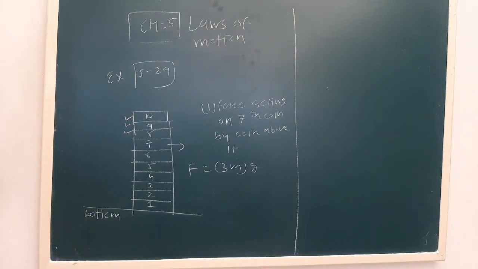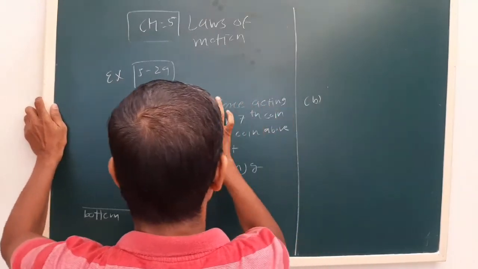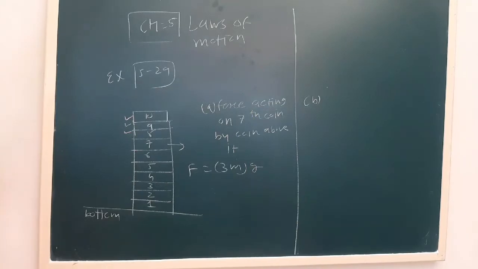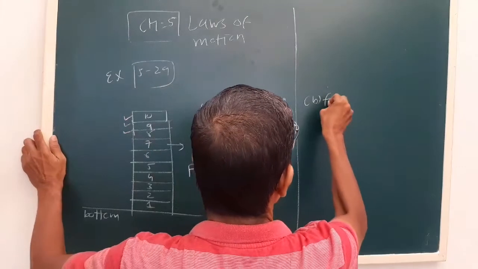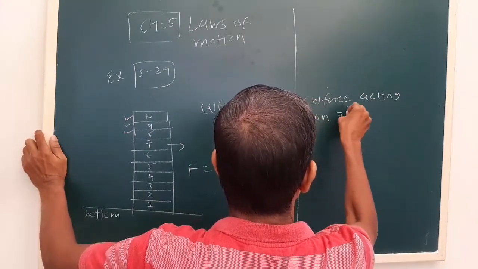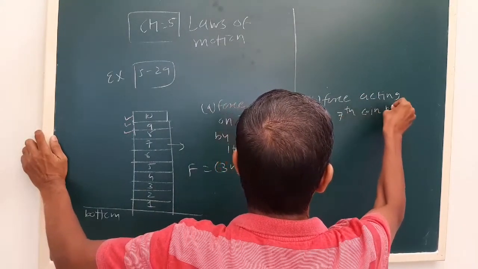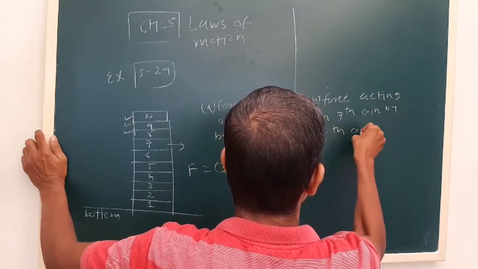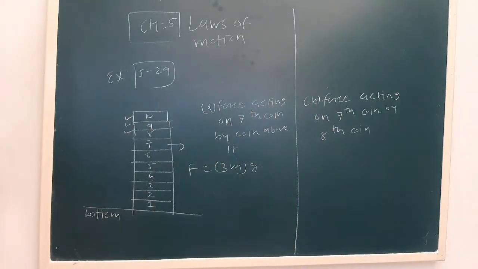Here mass is not given. Now the second part: force acting on the 7th coin by the 8th coin, that we have to find out.